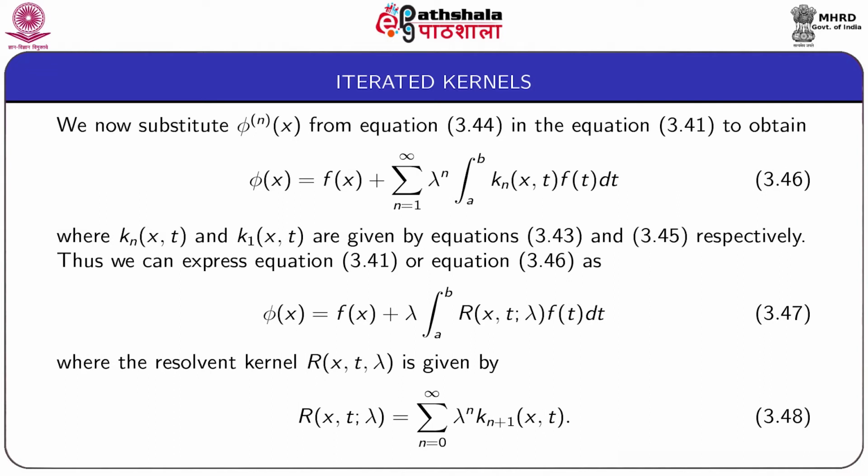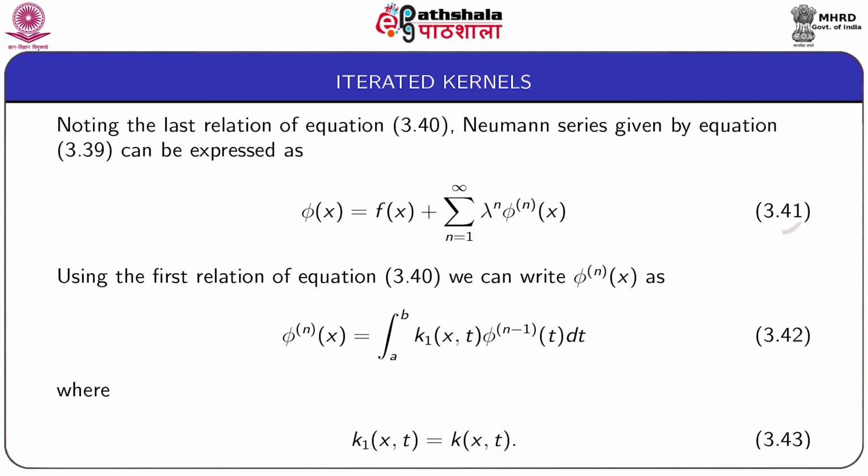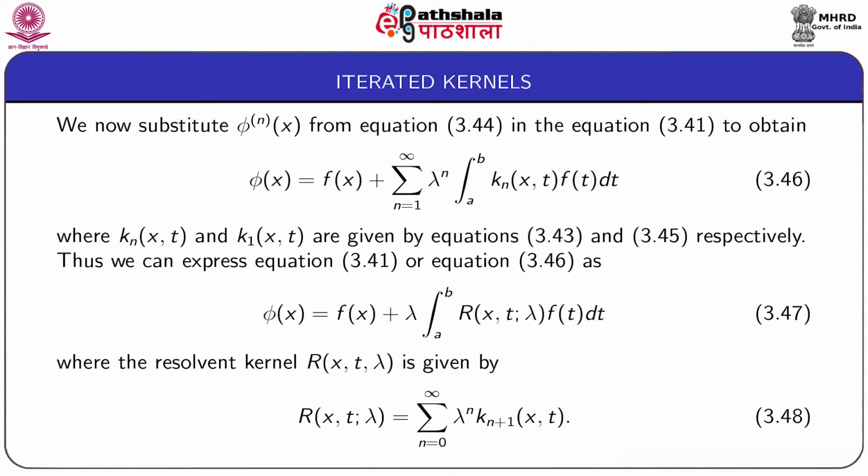So now if I substitute phi superscript n x from equation 3.44 into equation 3.41, we obtain phi x as given by equation 3.46, and phi x is equal to fx plus summation n equal to 1 to infinity lambda to the power n integral a to b kn xt ft dt.